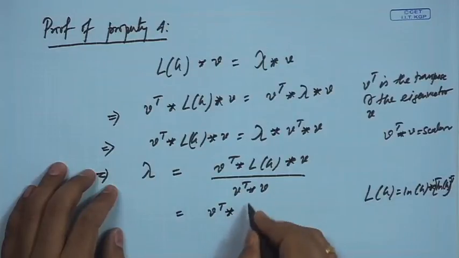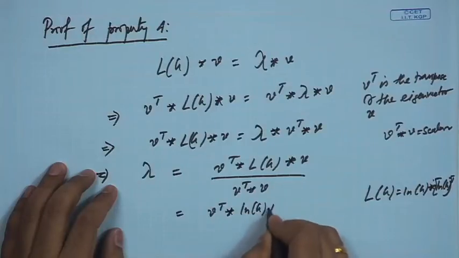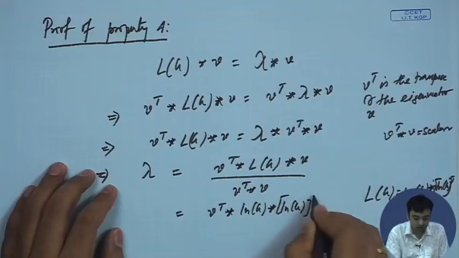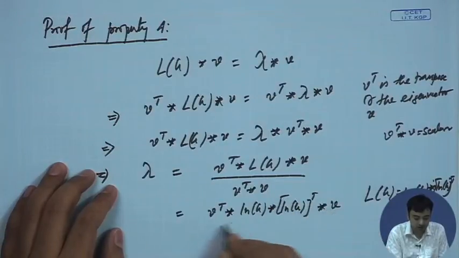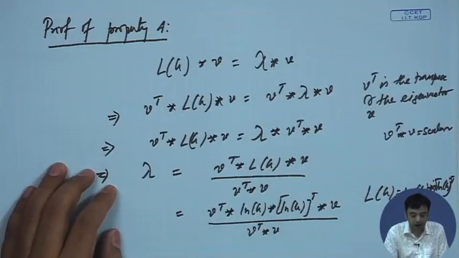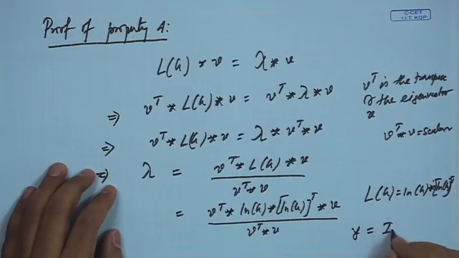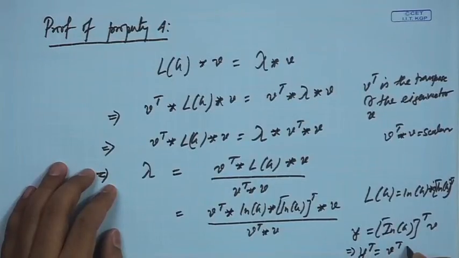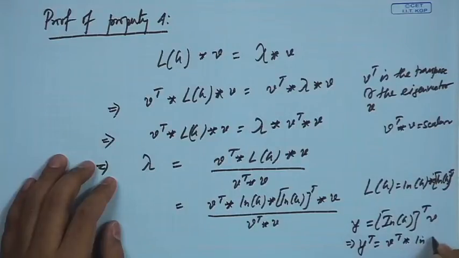So, you can put this in the formula and rewrite the expression as Ing multiplied by Ing transpose times V by V transpose times V. Now, we will call y is equal to Ing transpose V. That will imply y transpose is equal to V transpose Ing.